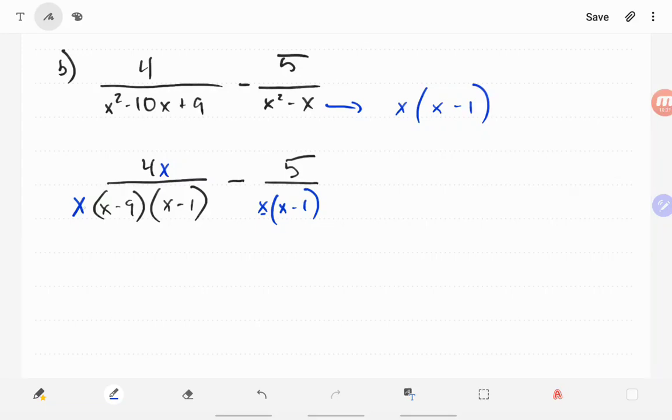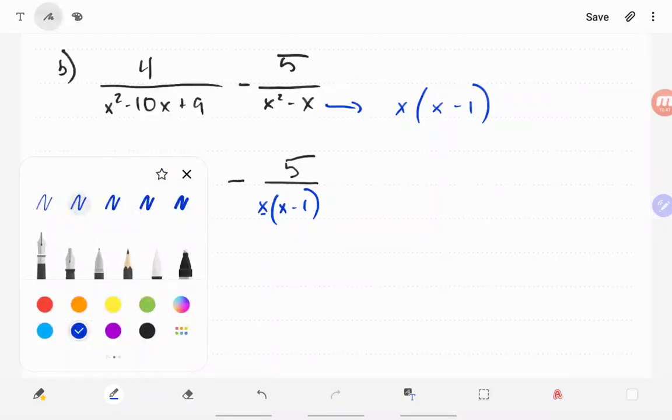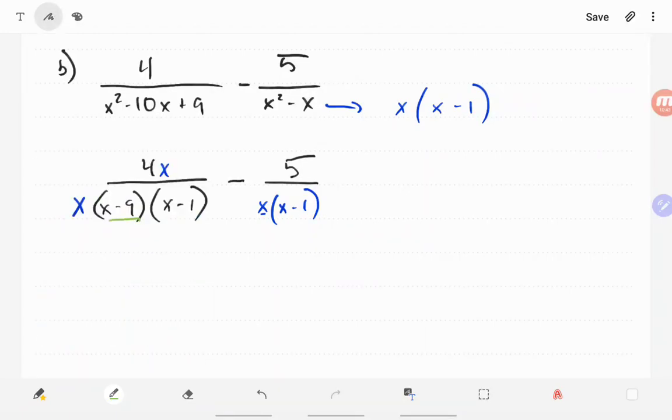Well, if I'm going to put it in this denominator, I need to put it in this numerator. There's an x minus 9 on this side, so I'm going to throw that x minus 9 over here as well. And remember, whenever you multiply a denominator by some value, you need to multiply both denominator and numerator so as to not change the value of your original fraction.